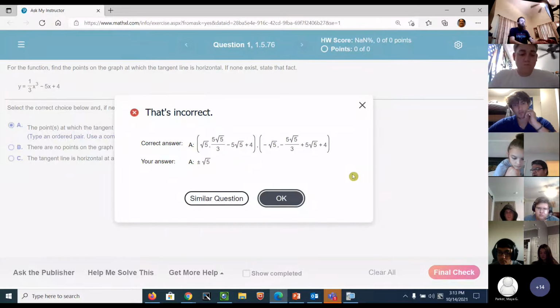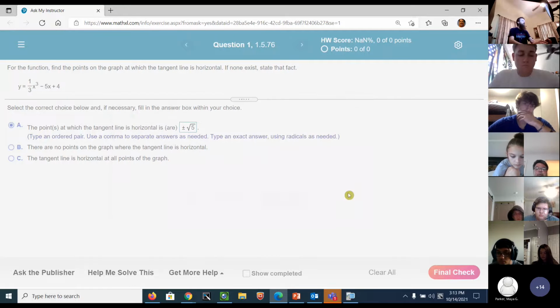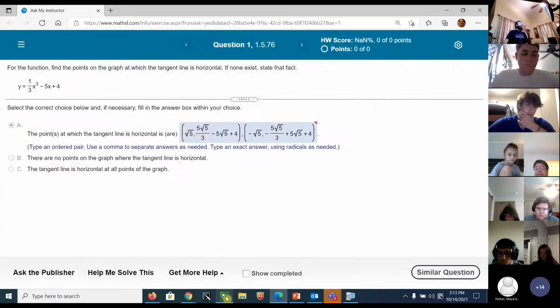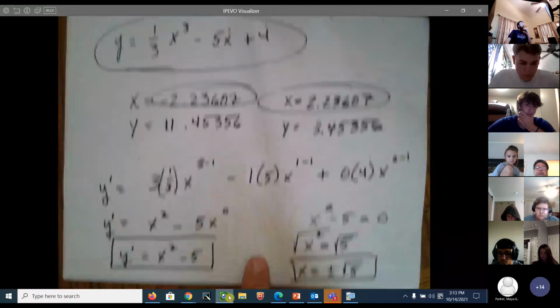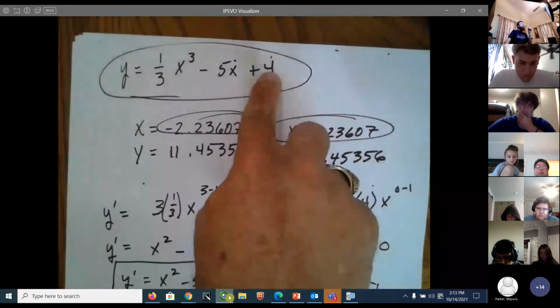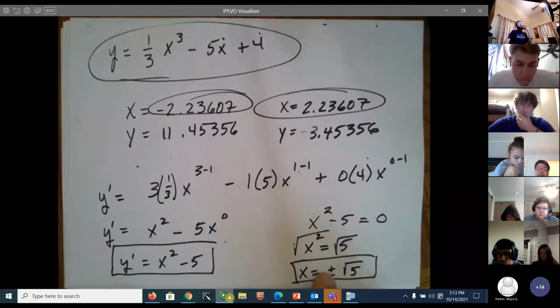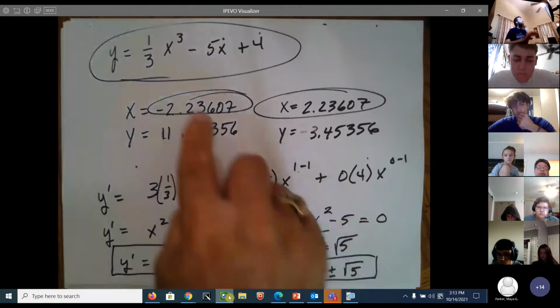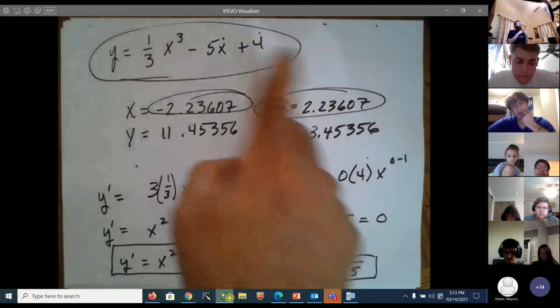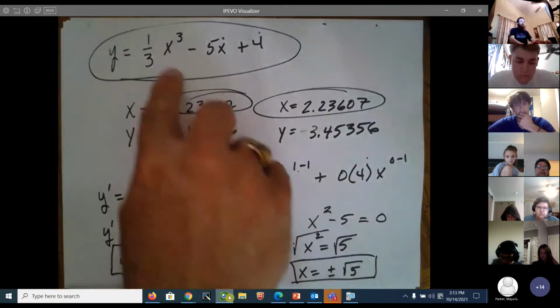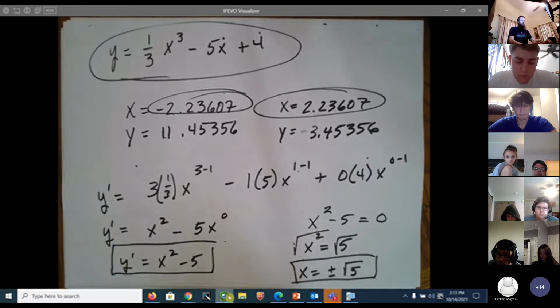Well, you plug that square root of 5 into the original equation. Take this square root of 5 and plug it into this equation right here to get your y, because that's x. So knock yourself out. Plug in a positive square root of 5. Plug in a negative square root of 5. You're going to get these two numbers right here.